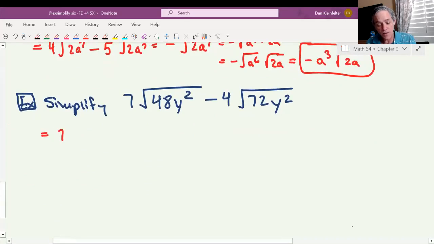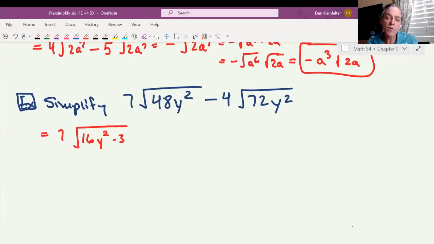Okay, so here for the first part, we have 7 square roots, then we'll have 16y squared times 3. I've separated the perfect square part, which is the 16y squared, from the 3, which is not a perfect square. And then in the back, 72 is 36 times 2.